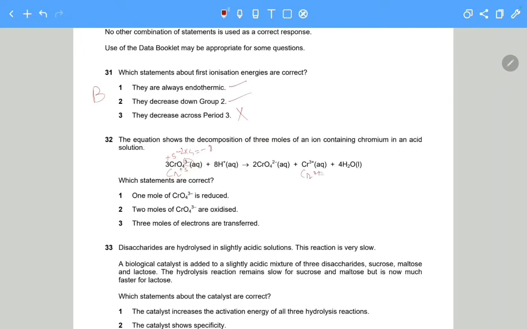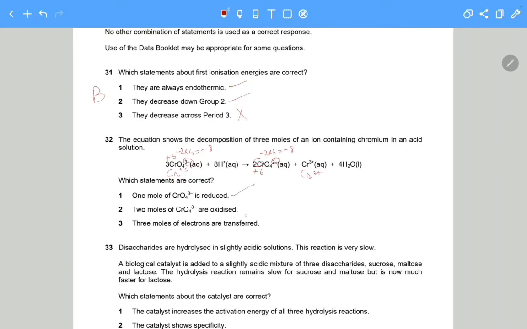We have 1 Cr3+ here, and in this compound we have minus 2 times 4 again, which is minus 8, and we have an overall charge of minus 2, which means that this should be a plus 6. So we know that 2 moles of chromium have been oxidized from plus 5 to plus 6, and 1 mole of chromium has been reduced from plus 5 to plus 3.